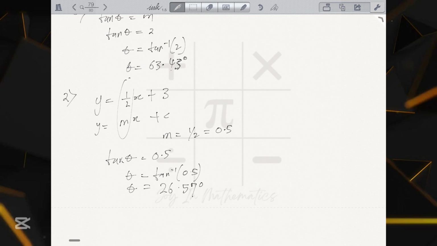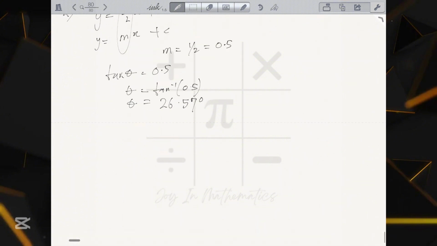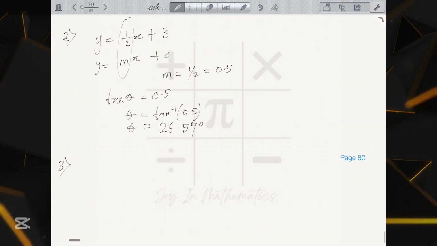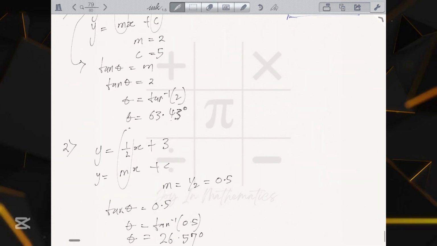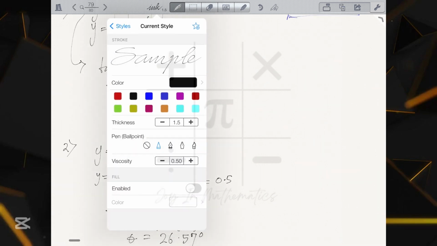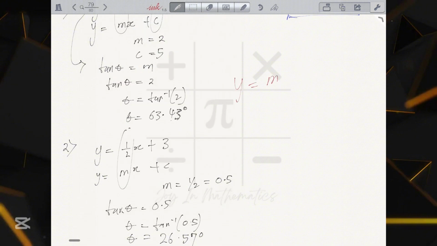Now let's look at another concept. Let's say question number 3. What if the question has a negative slope? That means y equals minus mx plus c. So we can see two things. In these two questions, we have y equals mx plus c, where m is positive, and when we have a positive slope, the line is moving in this direction.